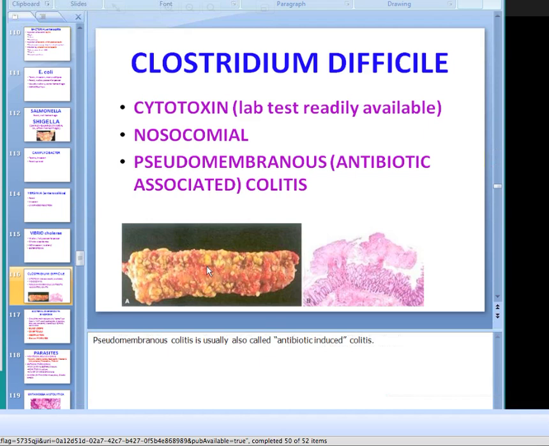It's also called antibiotic-induced colitis because the etiology of this is that patients that have pseudomembranous colitis have usually been a little bit too long on wide-spectrum antibiotics, which wipes out their so-called normal gut flora and only leaves behind the ones that are not normal.